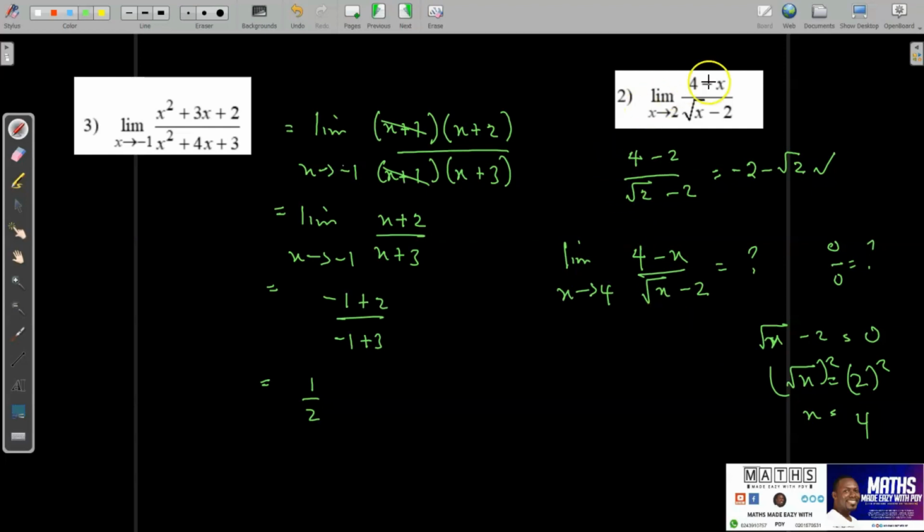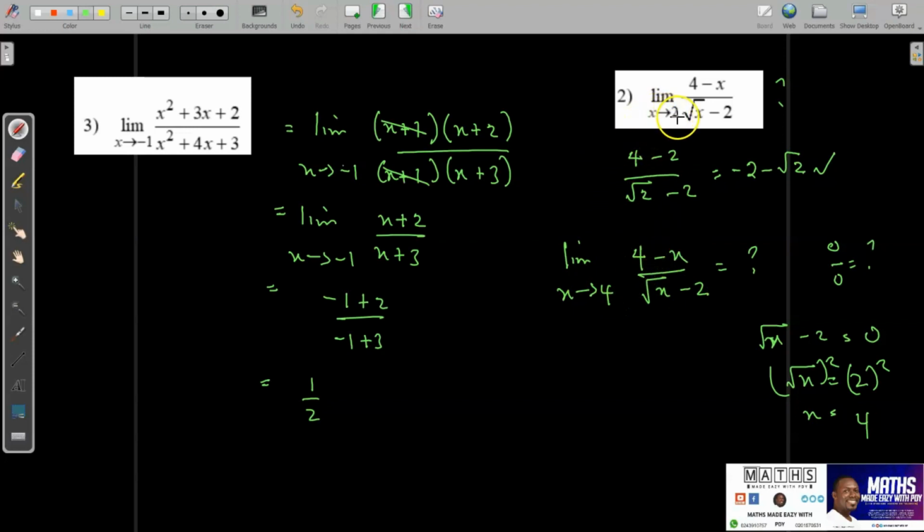Yes, please. So per this question, when you directly substitute the value of 2 into the function, you get an answer. So there wouldn't be the need for you to rationalize. But per this one, you see that the two questions are different.